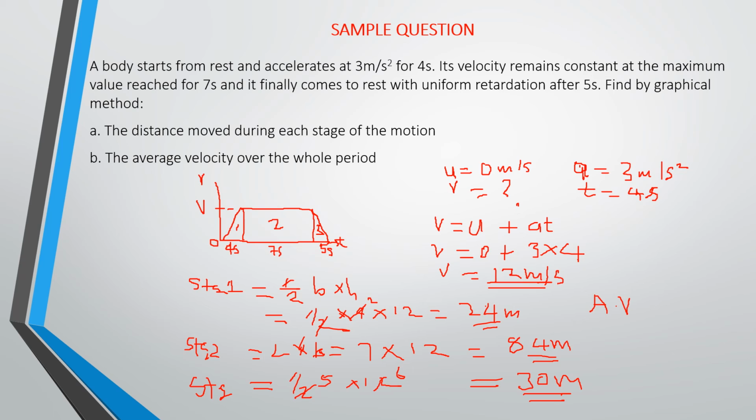average velocity will be equal to total distance traveled all over total time taken.